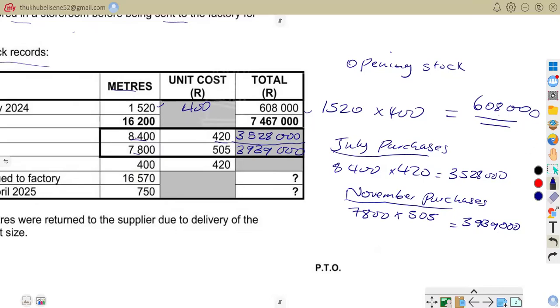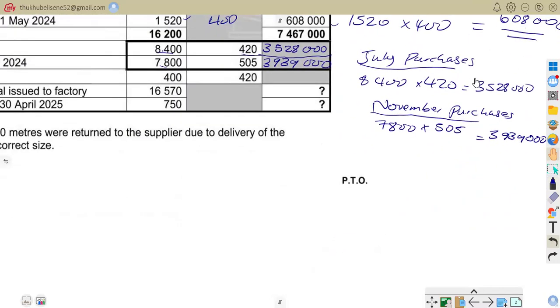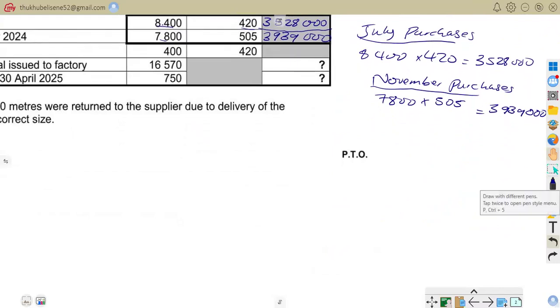So now we are going to look at the total available. Our total that is now available.